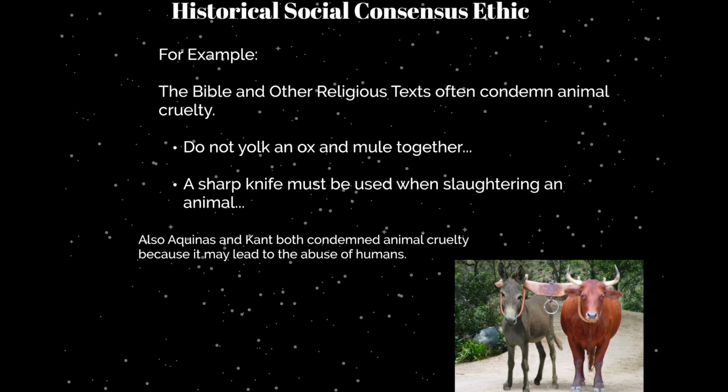He also pointed out that both Aquinas and Kant condemned animal cruelty because it could lead to the abuse of humans. So here we have these larger social customs and social rules specifically limiting what can and cannot be done to animals and discussing how animals should be treated.